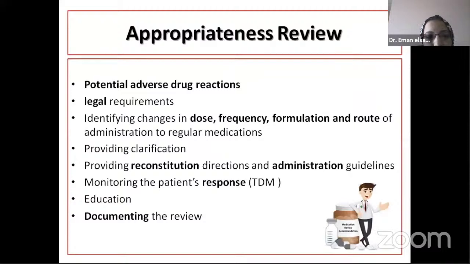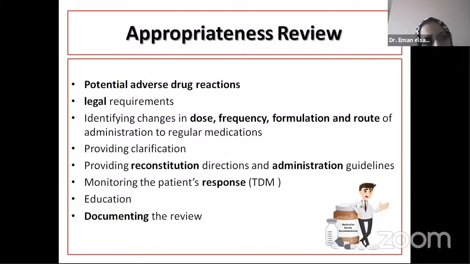Maybe the patient will have an intervention, like an operation, so the anticoagulant by order of the physician will be discontinued for 24 hours before the procedure. So we have to know why this medication was not administered. Was it missed, or is there a real indication to hold this medication?